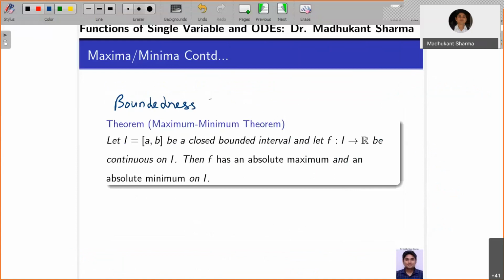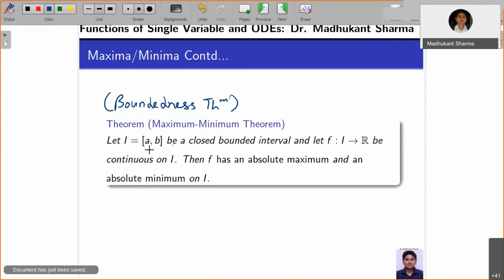The boundedness theorem says that if a function is continuous on a closed and bounded interval, then f is bounded and it has an absolute maximum and absolute minimum on I. This boundedness theorem implies the following result, which is known as the maximum minimum theorem, that we are going to use as it is in our course: if f is a continuous function on a closed and bounded interval, then it has an absolute maximum and absolute minimum on I itself.